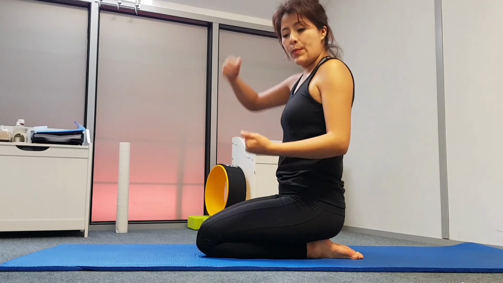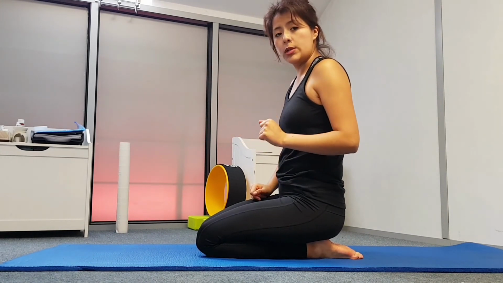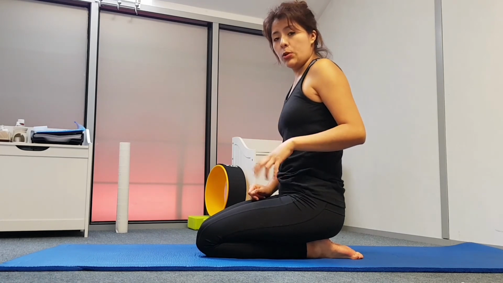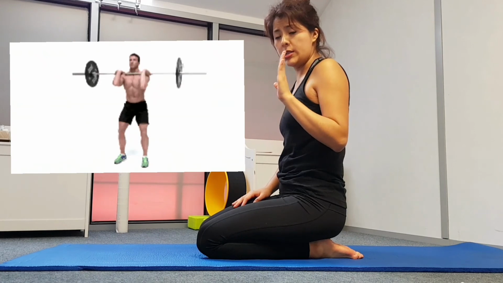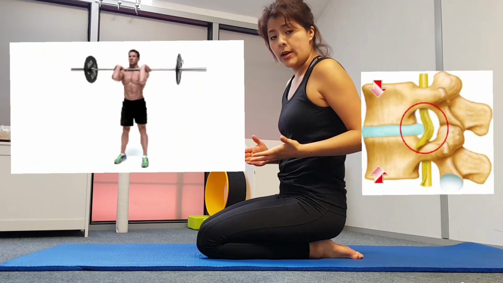Why? Because you don't have that curvature, so the impact is even more. It's even 4 times more than with a normal curvature in the spine. So be careful if you do squats and you have a straight spine, okay? Because in the long term that can cause injuries.